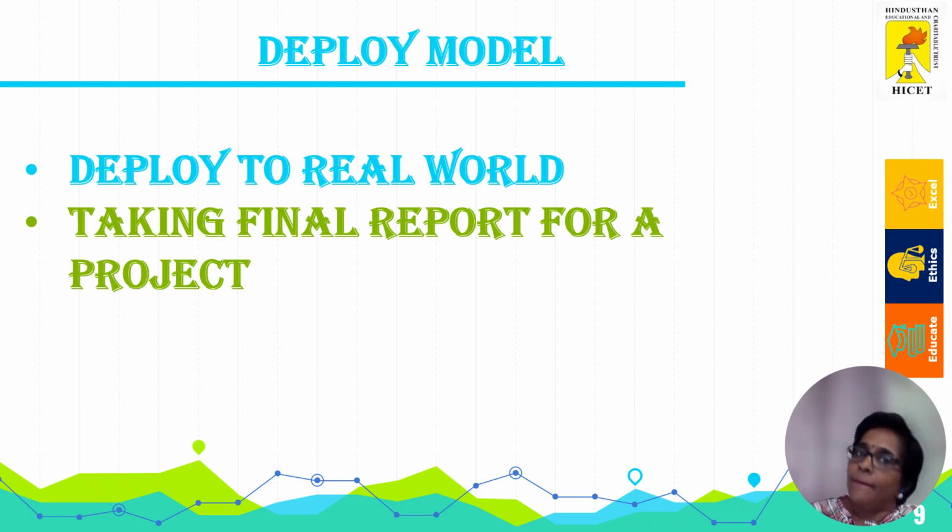But before deploying the project, we will check whether it is improving its performance using available data or not. And of course, the deployment process has to be checked with new unseen data for its efficiency and accuracy. The deployment process is similar to making the final report for a project.